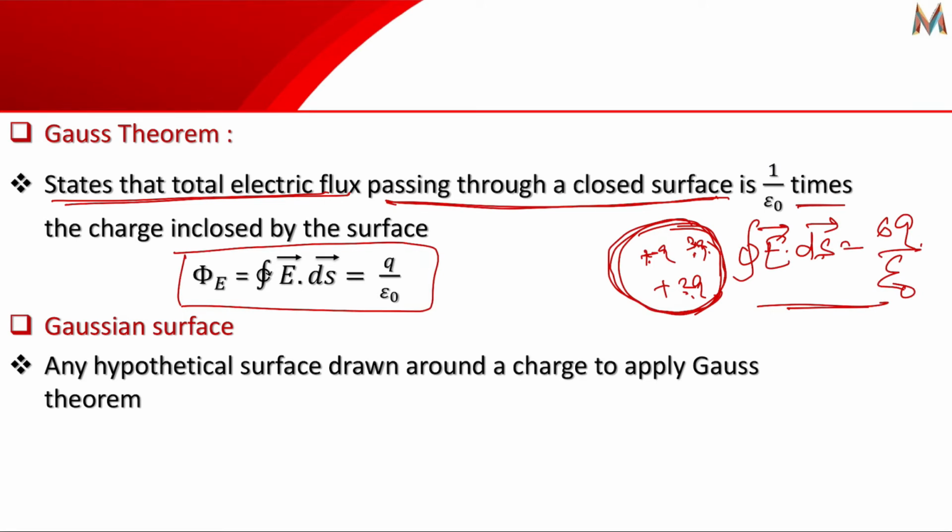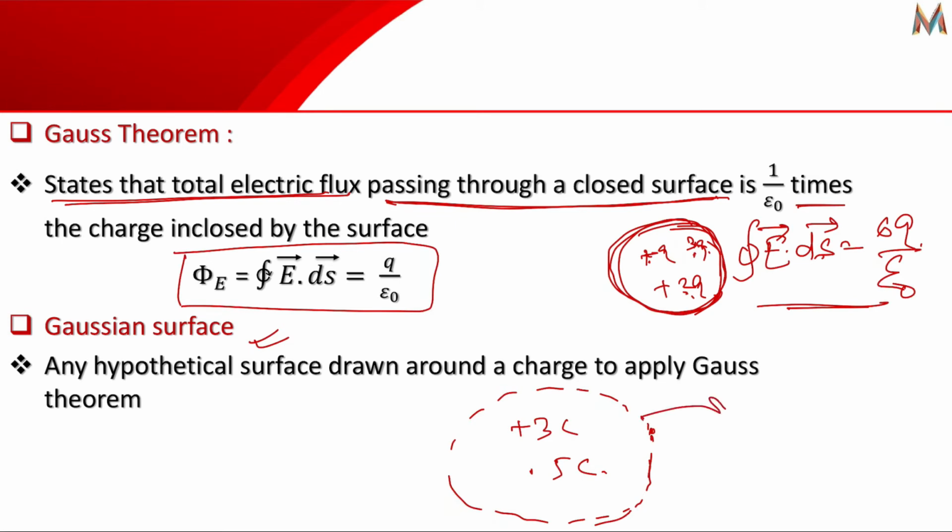Okay, what is a Gaussian surface? See, here is a plus 3 coulomb charge and here a plus 5 coulomb charge, and we have to find the electric field intensity at this point. Then we make an imaginary closed surface.